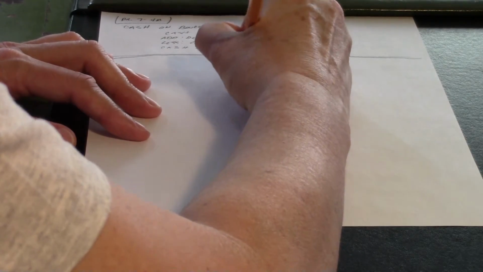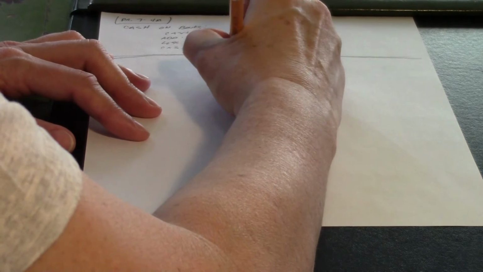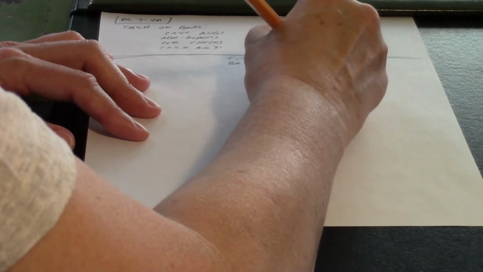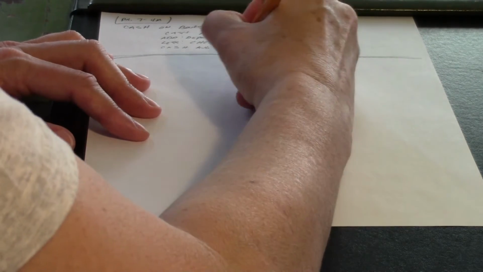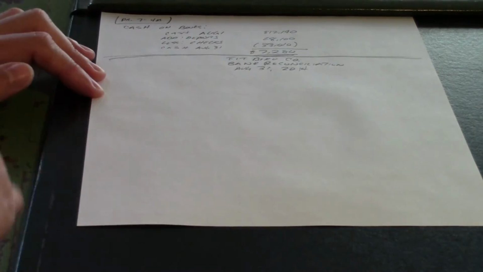So who are we doing this for? The Fit Bike Company. This is the bank reconciliation. And of course the date is August 31, 2014.